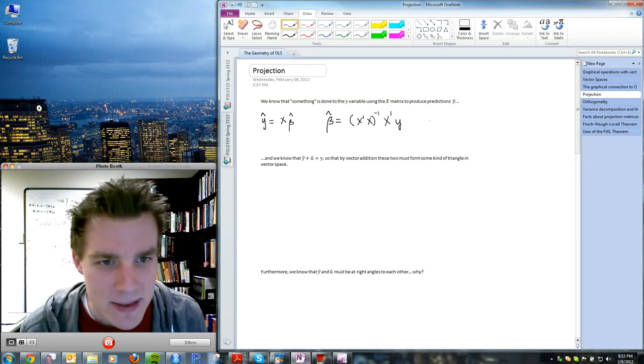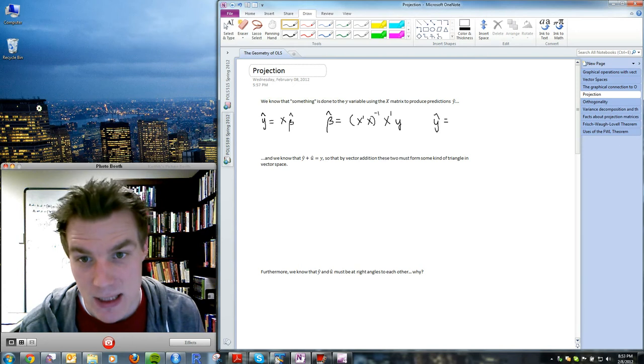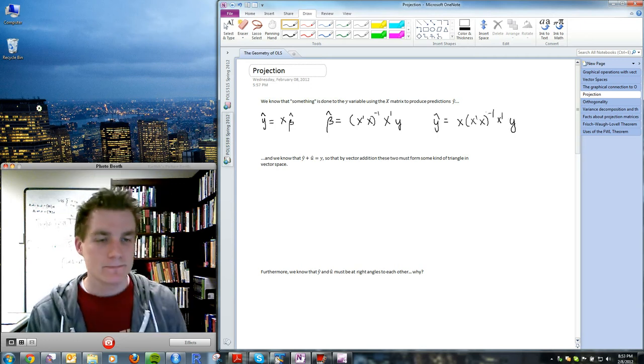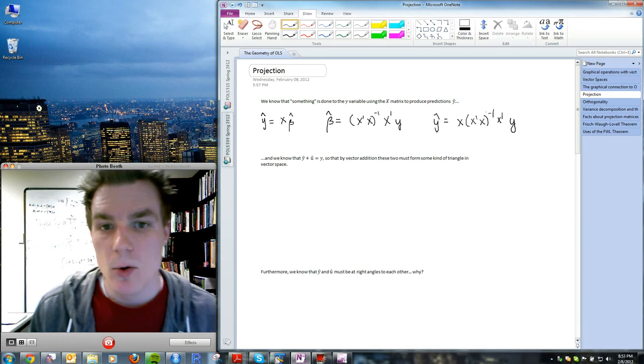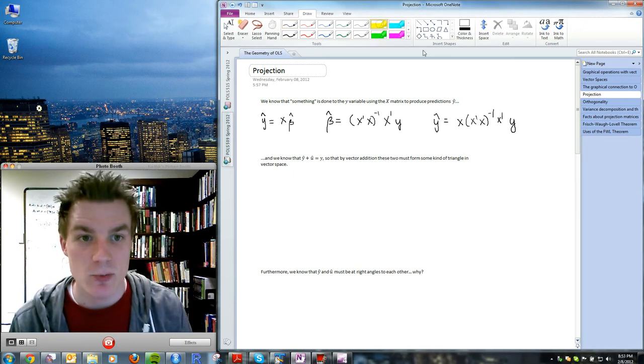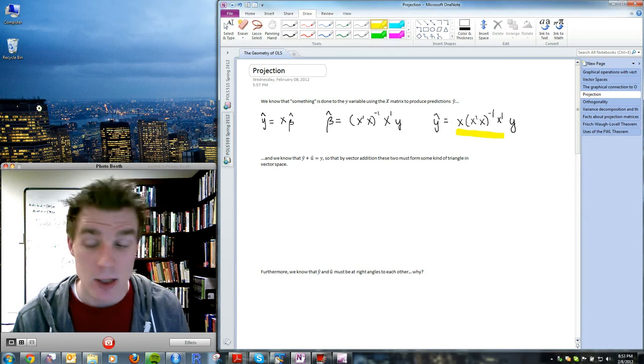So that means that y hat predictions are given by x times this beta, x transpose x inverse x transpose y. So we know that something is done to the y variable using the x matrix to produce predictions y hat, and that something is defined by this matrix here.